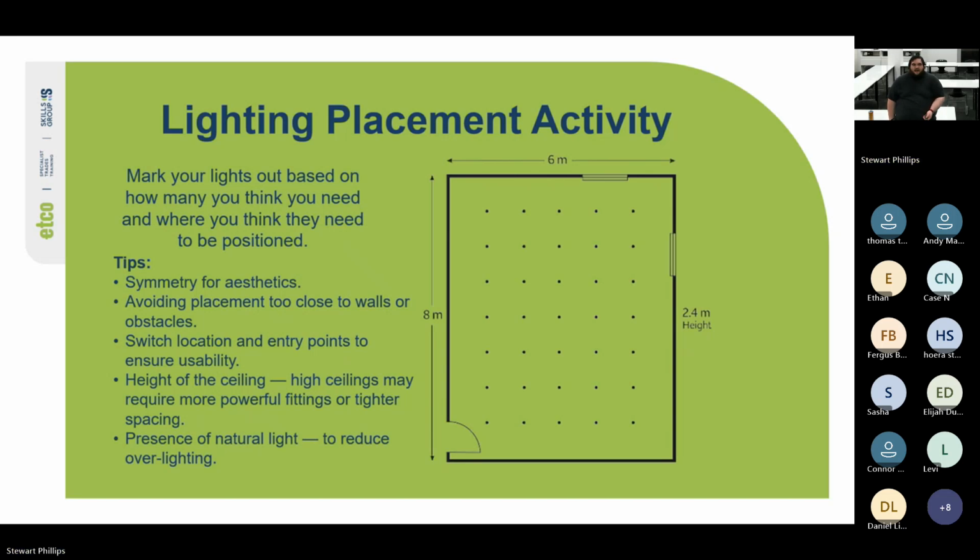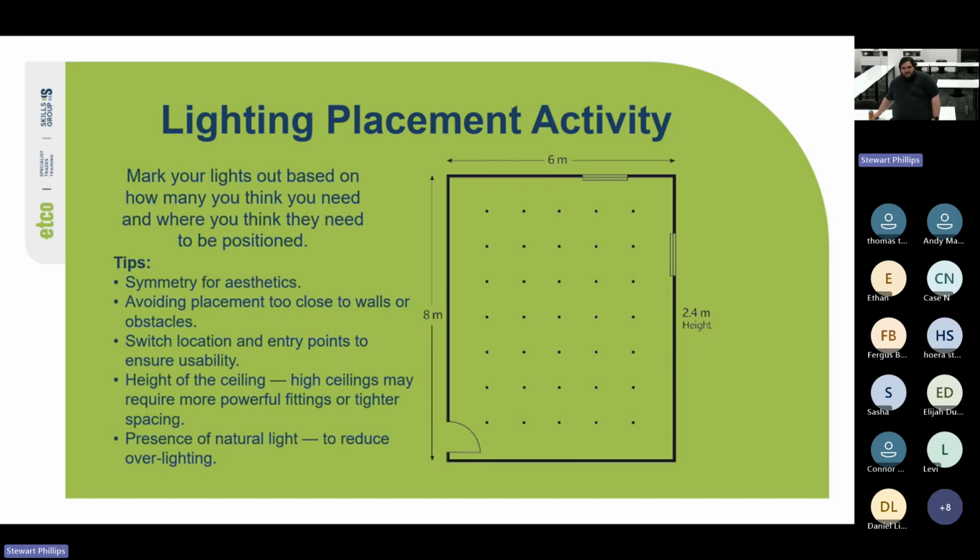So I want you to mark out lights based on how many you think you need and where you think they need to be positioned. I want you guys to use the knowledge you have so far in the industry to just have a go. So the room is 6 meters by 8 meters.